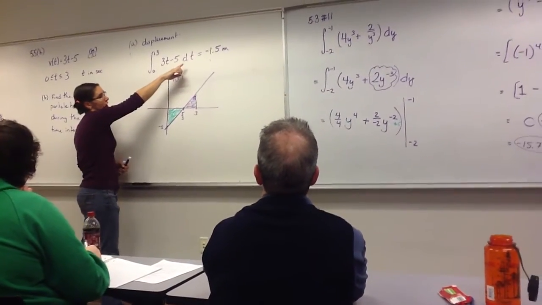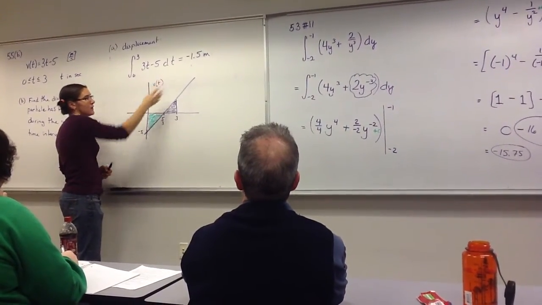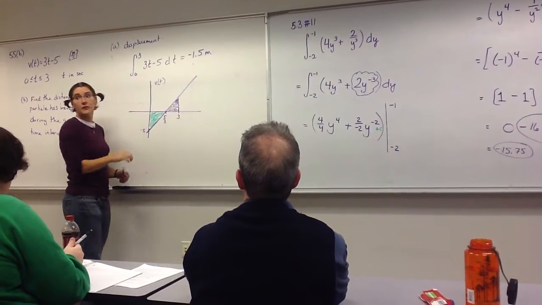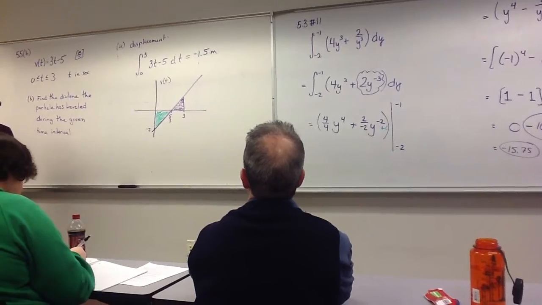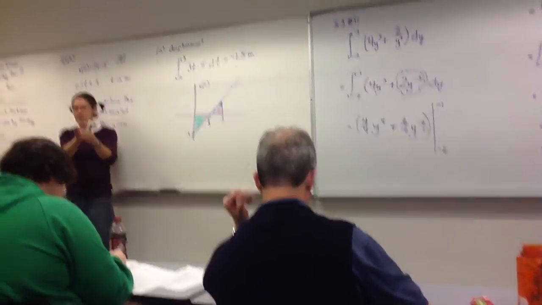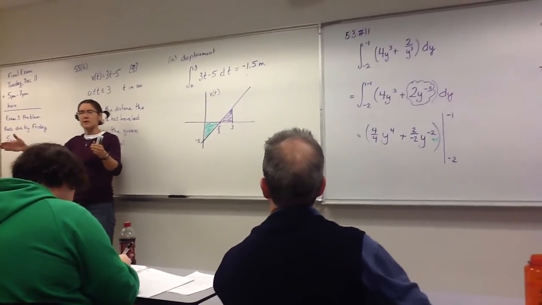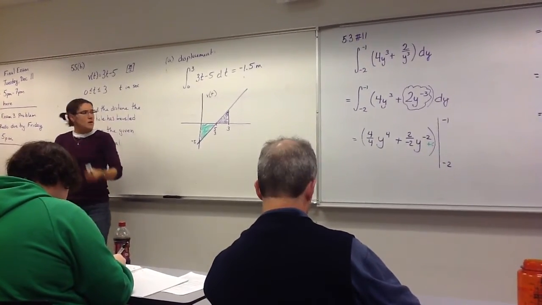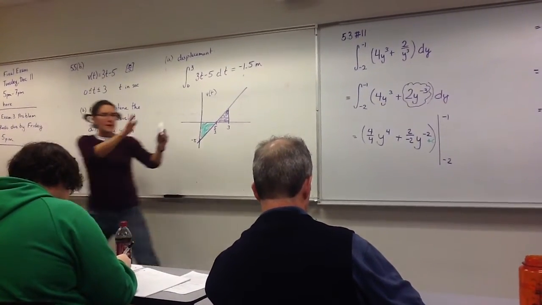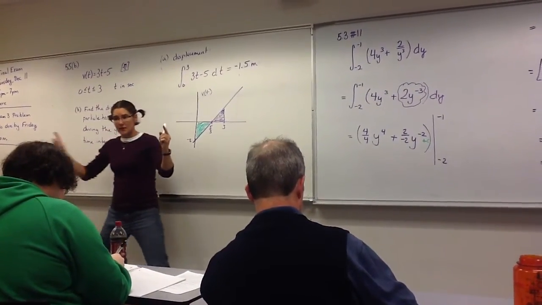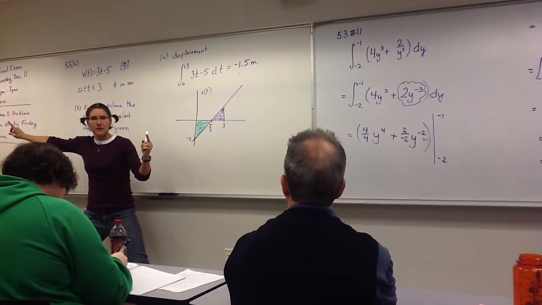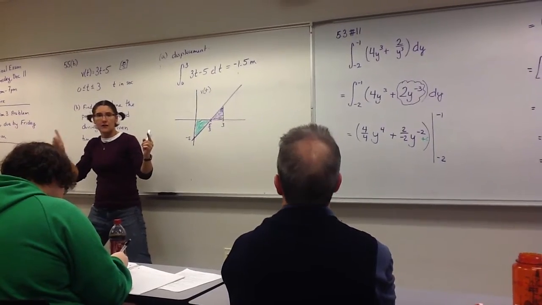So our value up here is the net displacement. So we have distance left, distance right. Our distance right is smaller than our distance left, so we have a negative value. Our particle at time 0 is here, and at time 3 seconds is 1.5 units to the left. So that's displacement. Distance says, rather than saying net displacement, how far am I going all the way to the left plus how far am I going back over.